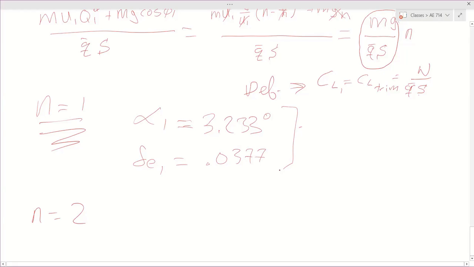I'm getting, for alpha, I'm getting 0.21 degrees. Or minus 0.004. Maybe I need to check my work.